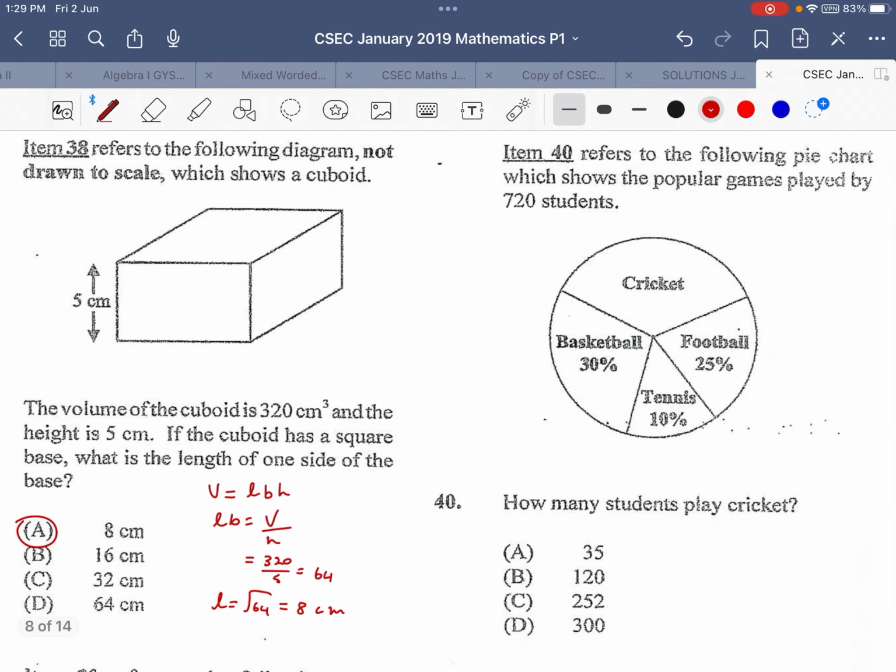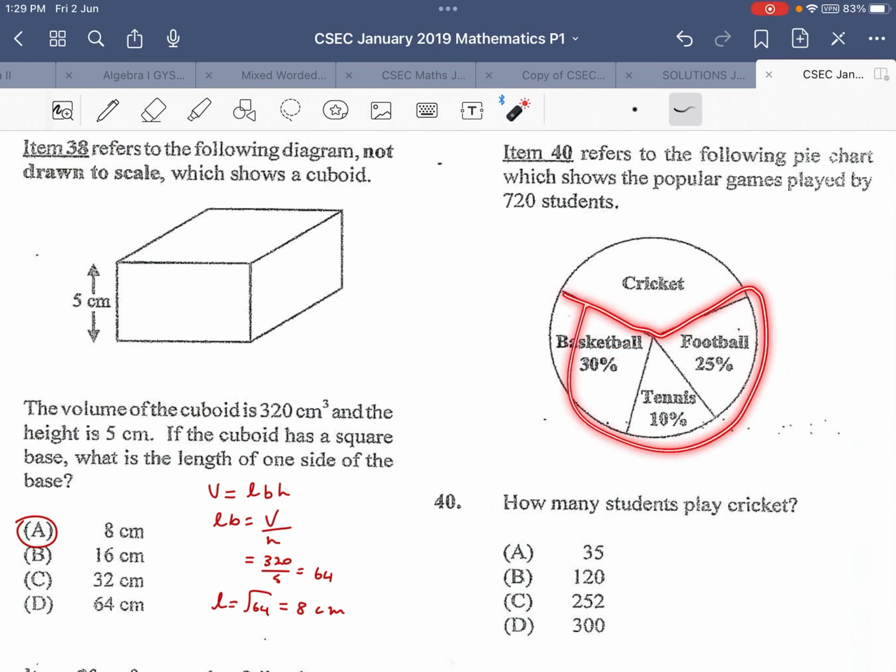Item 40 refers to the following pie chart, which shows the popular games played by 720 students. So they're asking how many students play cricket. So they gave us a bunch of percentages here. Everything has to add up to 100%. So let's find out what percentage play other sports. So that's 30% plus 10%, which is 40%, plus 25%, which is 65%.